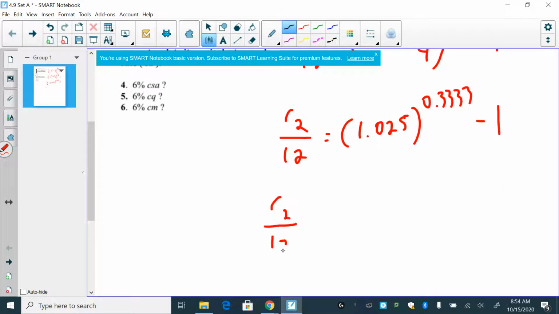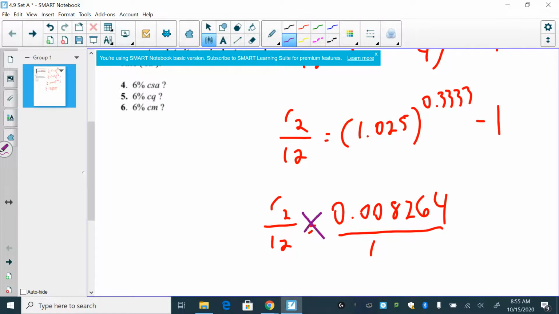So I'm going to work out the exponent part. I've got 1.025 to the exponent of 0.33333 minus 1. So I've got 0.0082 and then a bit more here, 6, 4. You want 4 numbers, not including zeros. So I'm going to put that over 1 and cross multiply.